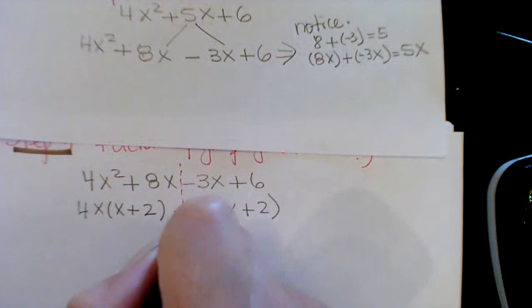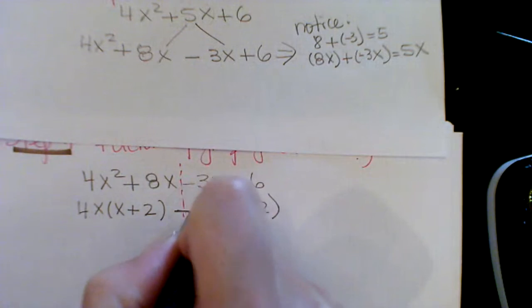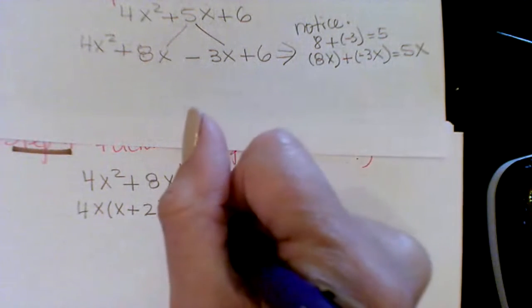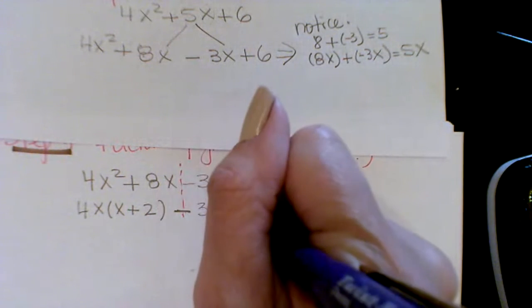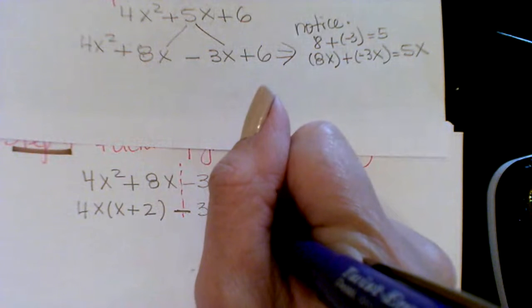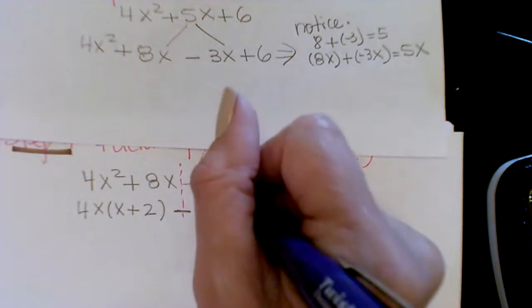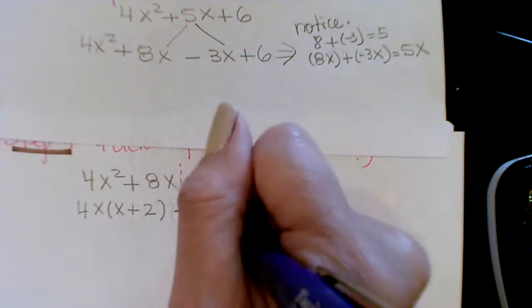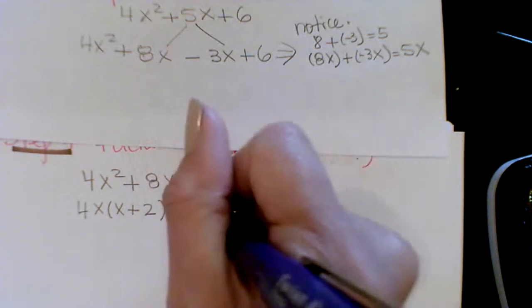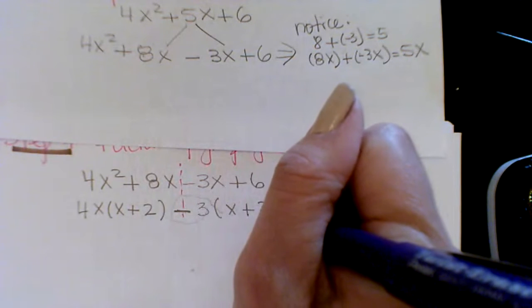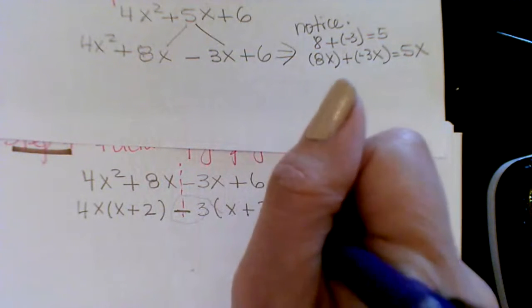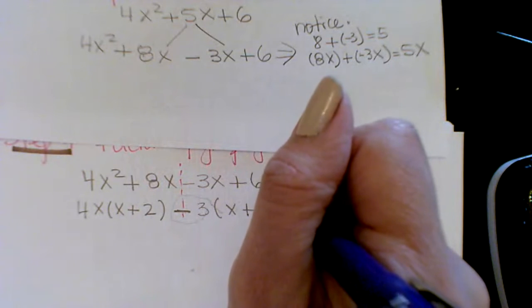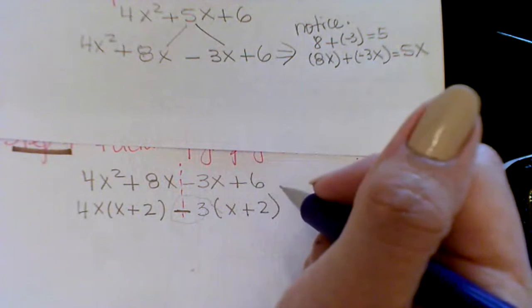And if I have the negative here, this is going to be negative 3 times x, that's going to be negative 3x. And if I multiply the negative 3 times 2, it's going to be negative 6.